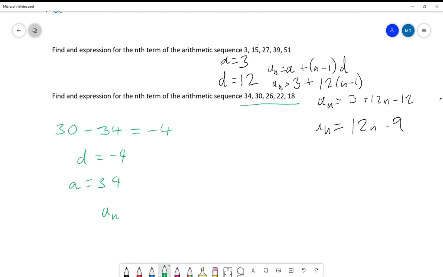We get un is equal to 34 minus 4 lots of n minus 1, which is equal to 34 minus 4n plus 4, which is 38 minus 4n. And there we go. Two expressions for each of our given sequences, using the formula.